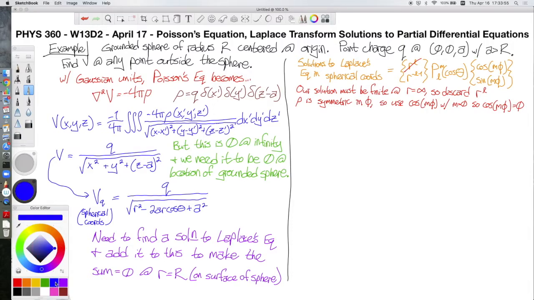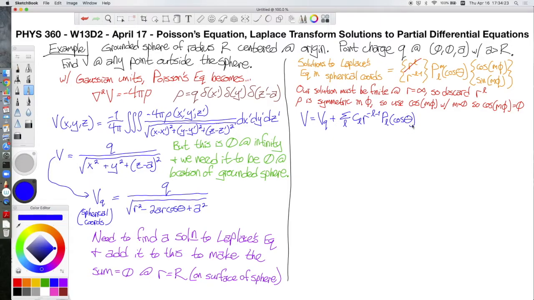So we're now ready to write down the form of our final solution, even if we don't know all of the details yet. Our overall solution will be V sub q, the original solution to Poisson's equation, plus this solution to Laplace's equation, which can be written as the sum over L of the coefficient C sub L times r to the negative L minus 1 times the Legendre polynomial of cosine of theta.